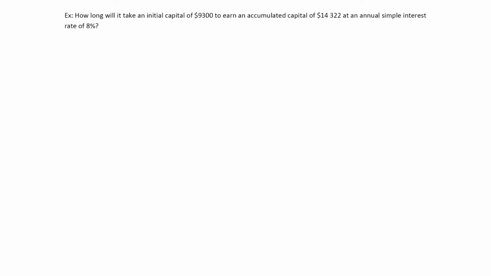Let's try another example. In this case, we're going to be looking for the term that's required. So let's see what information we're given. How long will it take an initial capital of $9,300 to earn an accumulated capital of $14,322 at an annual simple interest rate of 8%? First thing we want to do is identify each of the components that we know already, or each of the variables.